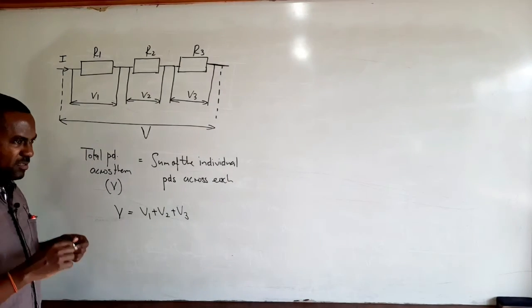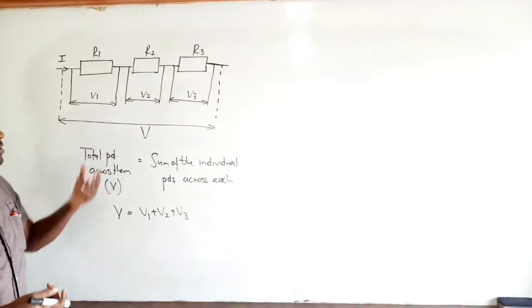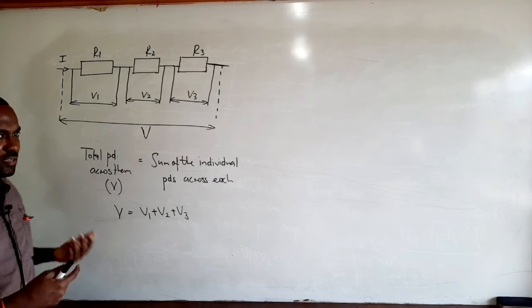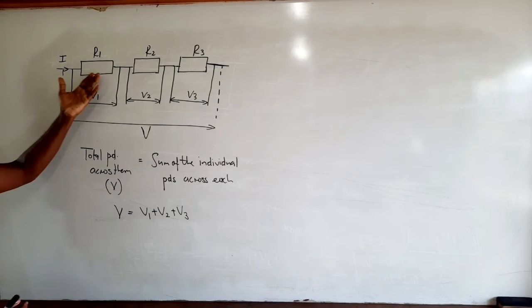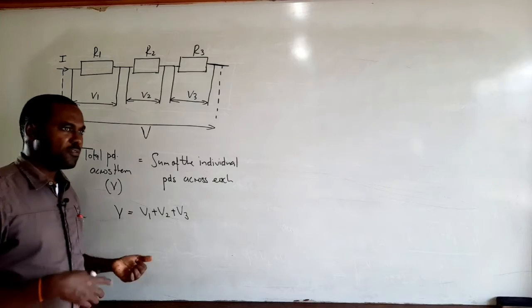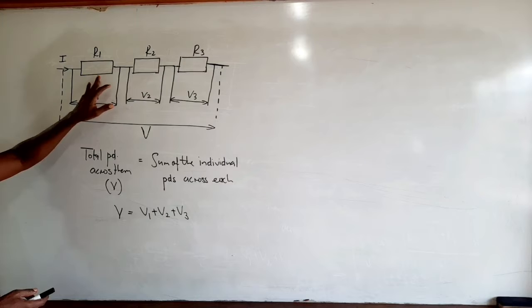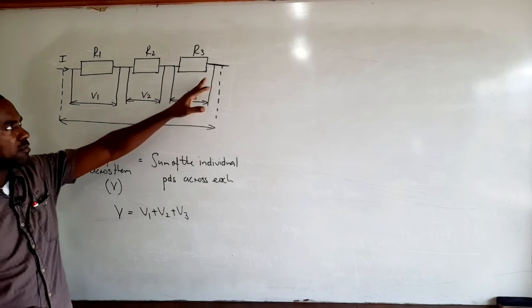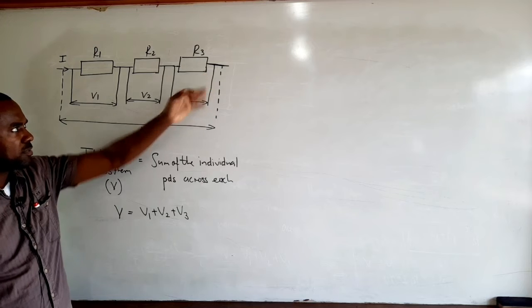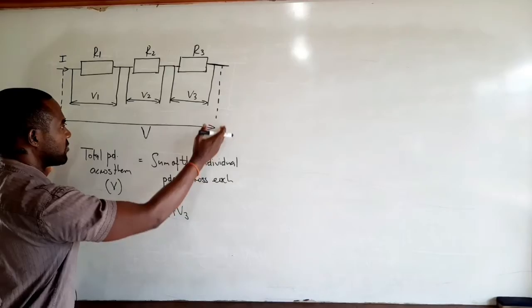So what exactly does this mean? If in the lab you take three resistors and connect them in series, and you hook up a battery so that there's a potential difference across them and a current flowing through each. If you have four ideal voltmeters, you connect one voltmeter across each resistor, and you take the fourth voltmeter and connect it across the entire combination of resistors.